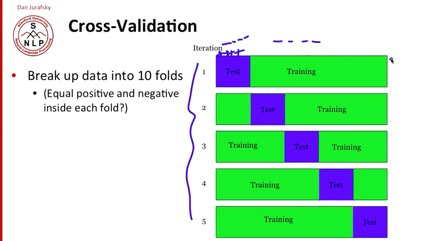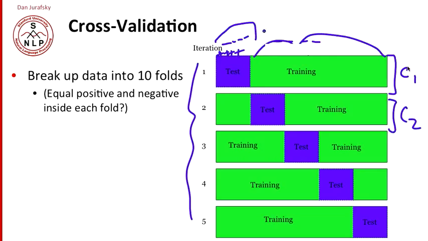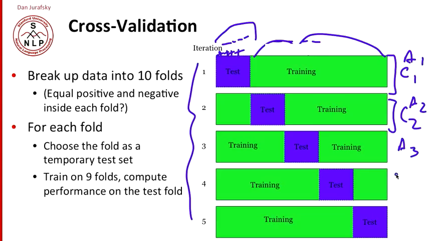And each time we're going to train a classifier. So classifier 1, classifier 2, we'll train on this training data, test on this test data, and compute an accuracy. So we'll have accuracy 1, accuracy 2, accuracy 3 for each of these classifiers, and we'll compute these performances of these classifiers.